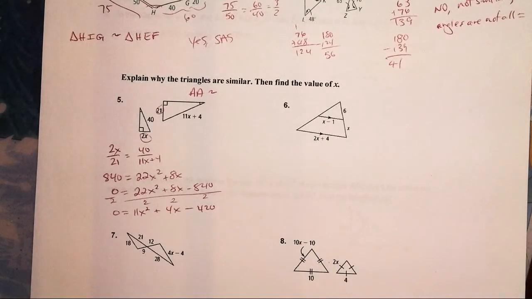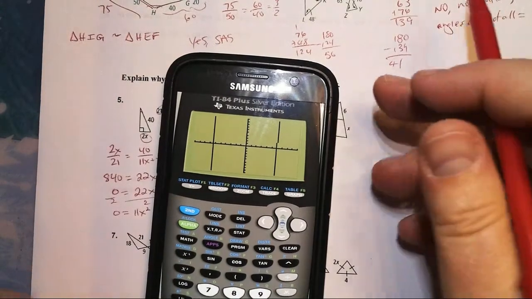So we're going to try to factor this thing, which ought to be fun. You can also check the graph here. So if you wanted to do 11x squared plus 4x minus 420, we can go to our graph, and this is an older calculator.